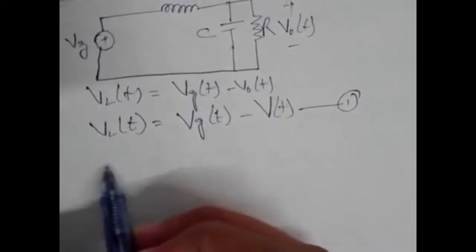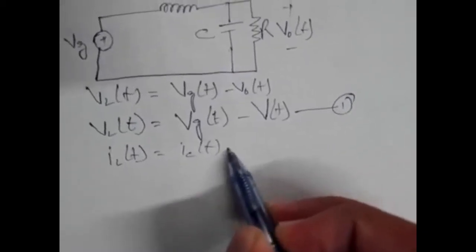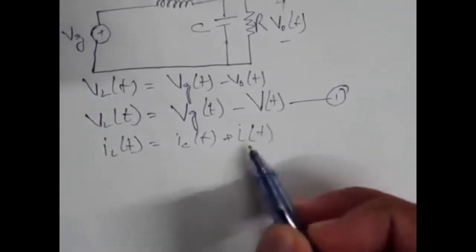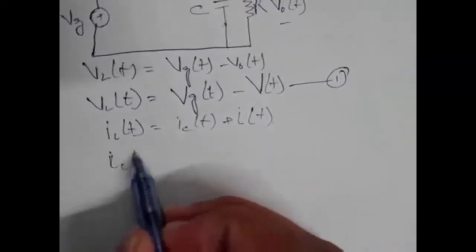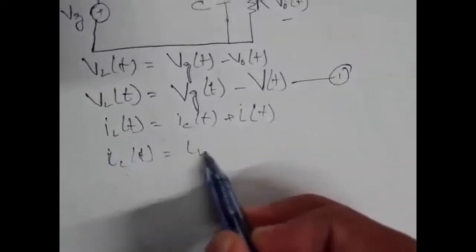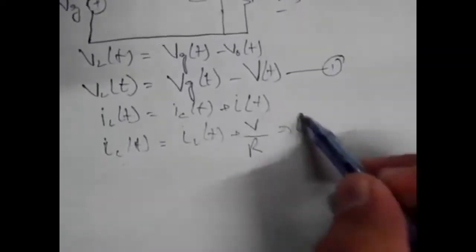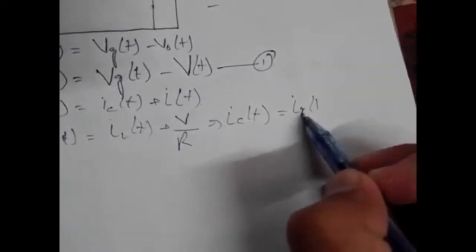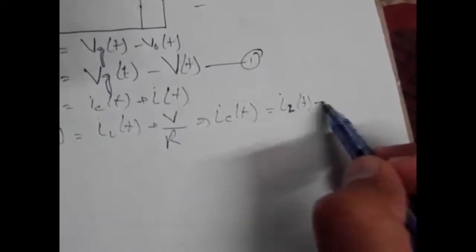Now the current: iL(t) will be equal to iC(t) plus the output current i(t), so the capacitor current will be equal to iL(t) minus V by R. After small ripple approximation, we say this is smaller, not converting to higher, as I already discussed. So this is equation 2.